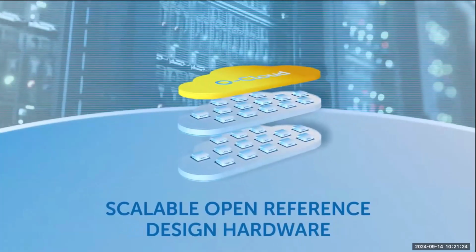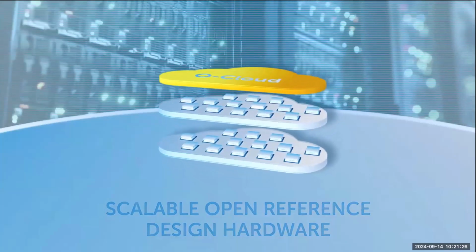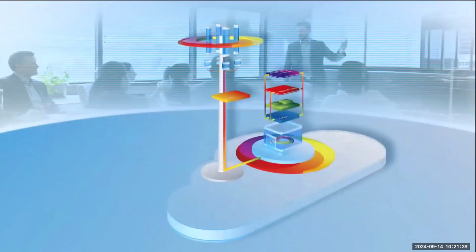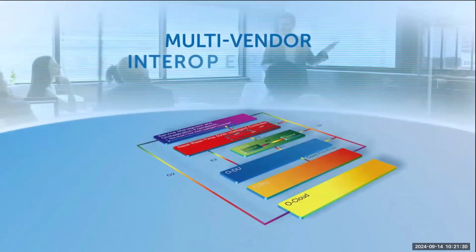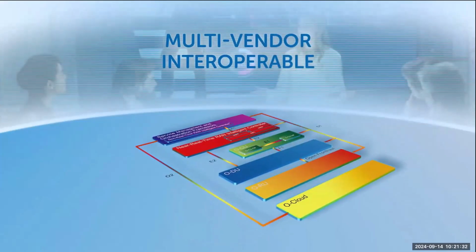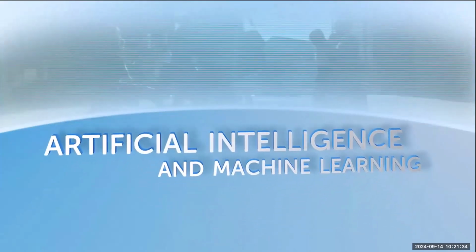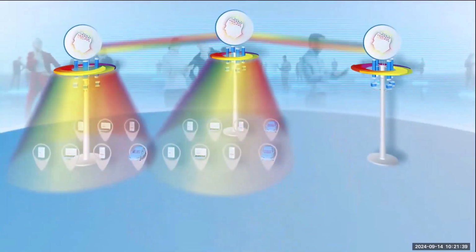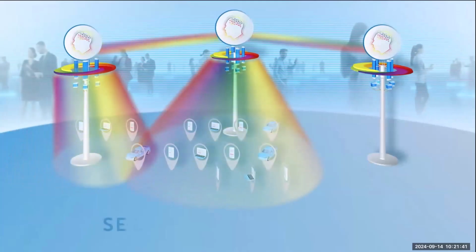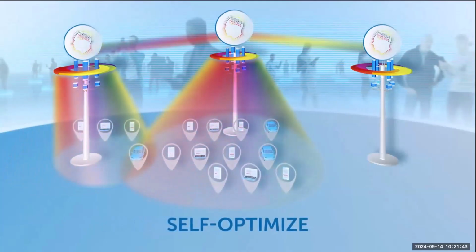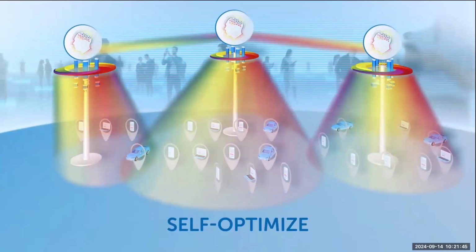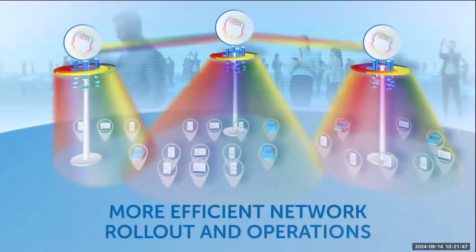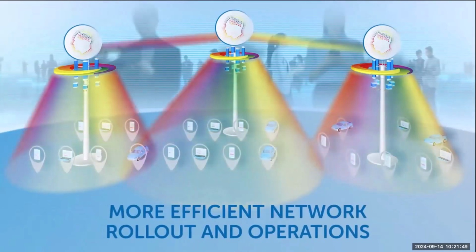Second, the O-RAN architecture is based on well-defined open interfaces to enable a multi-vendor, interoperable supply chain ecosystem. Third, the O-RAN architecture empowers mobile networks through artificial intelligence and machine learning. O-RAN networks can self-optimize to ensure the best possible service for the end customers, and automated operations and maintenance enable more efficient network rollout and operations.